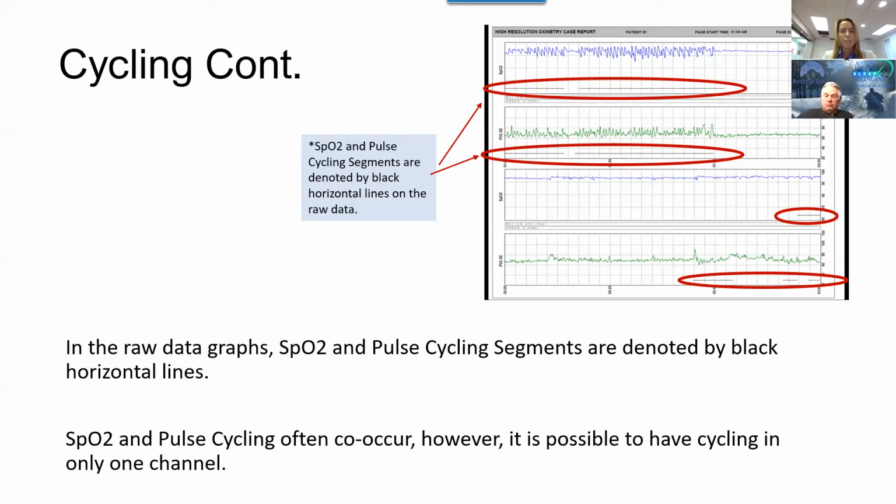That can be an indication of airway instability, or the patient responding to an airway threat. However, it is possible they'll only have cycling occur in one channel. Sometimes you can have some variability during REM sleep in the pulse channel, where your heart rate will become naturally a little more variable.